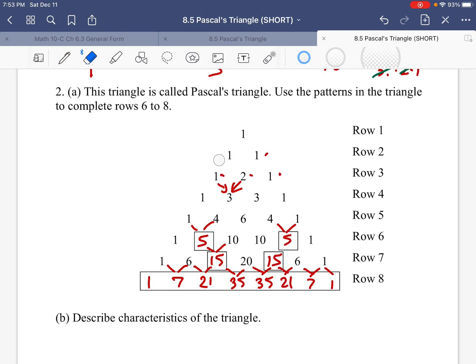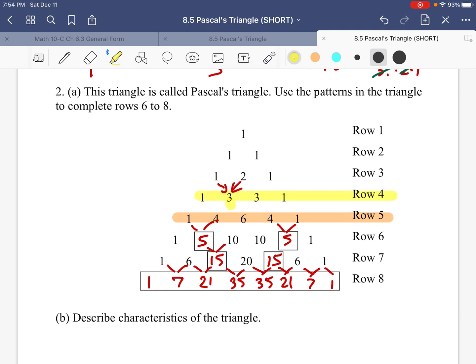Okay? So 1, 1, 1, 1, 1, 1, 2, 1, 1, 3, 3, 1. There's a pattern forming here. You should be able to see it and follow along. Now, that's the big thing. A smaller thing is note row 5 is 1, 4, 6, 4, 1.